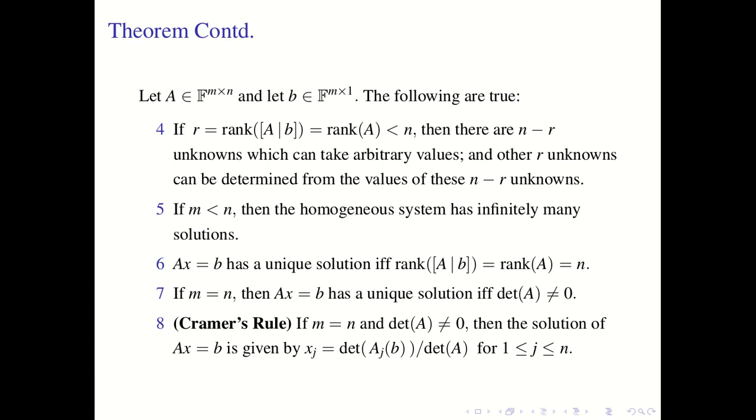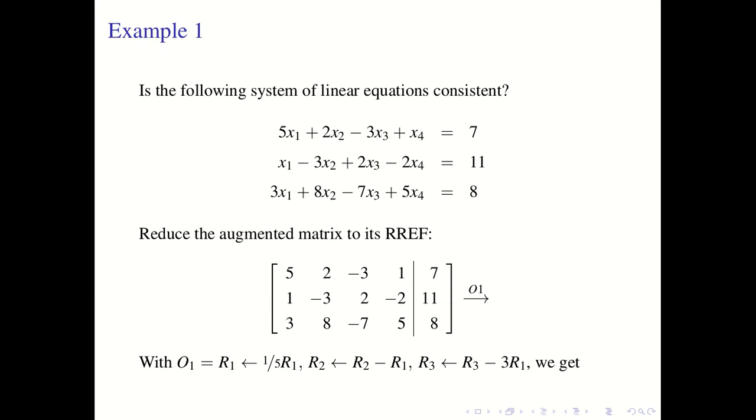We will take up the proof in the next lecture. Now let's look at a couple of examples. First we are given a system of linear equations. Find whether the system is consistent.